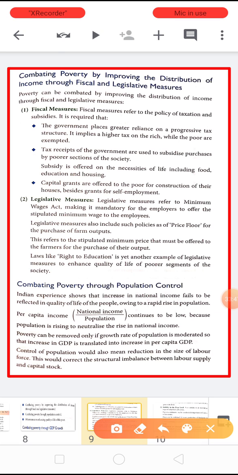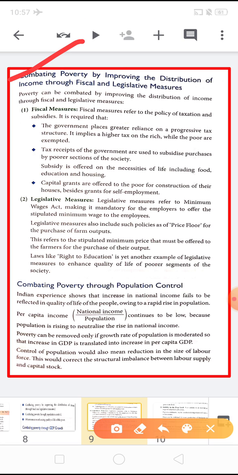Now, next is combating poverty by improving the distribution of income through fiscal and legislative measures. Children, poverty can be combated by improving the distribution of income through fiscal and legislative measures. First we are going to learn the fiscal measures.